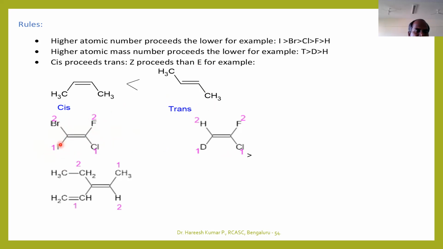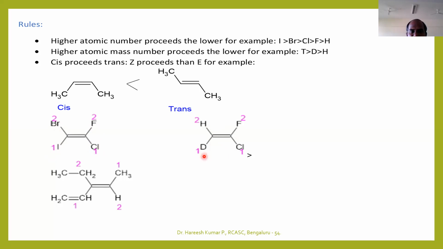A should not be equal to A dash, B should not be equal to B dash. So here, iodine and bromine. From these two, iodine takes priority because of higher atomic number. Similarly, between these two, chlorine takes priority because of higher atomic number.